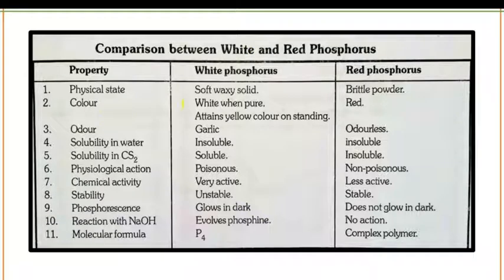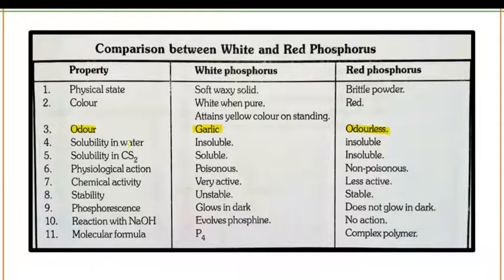Talking about the color, white phosphorus is white when pure, but after some time it attains yellow color, while red phosphorus is of red color. Talking about the odor, white phosphorus gives a garlic-like smell, while red phosphorus is odorless.